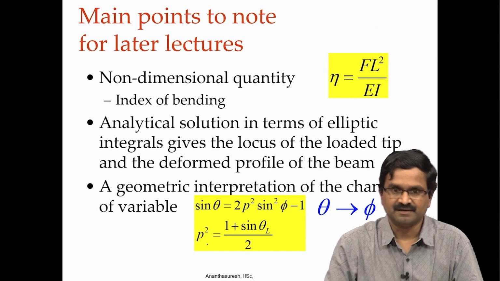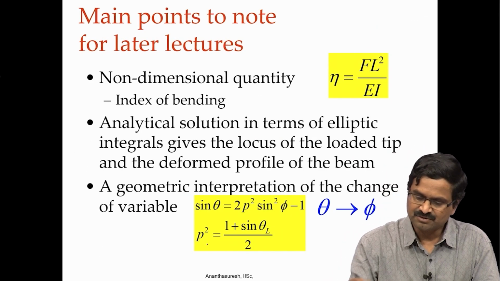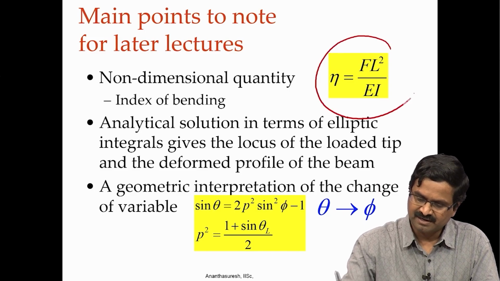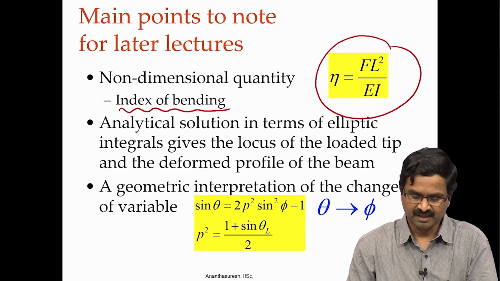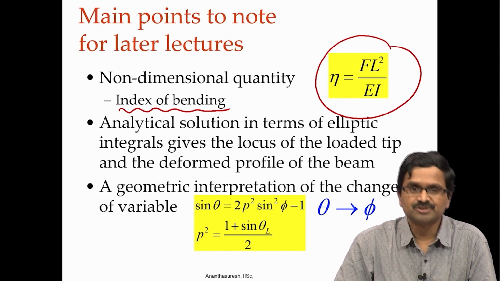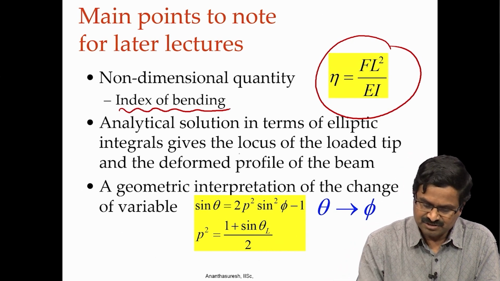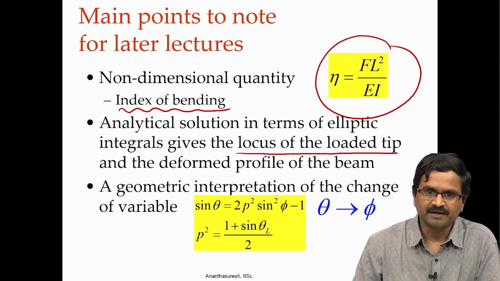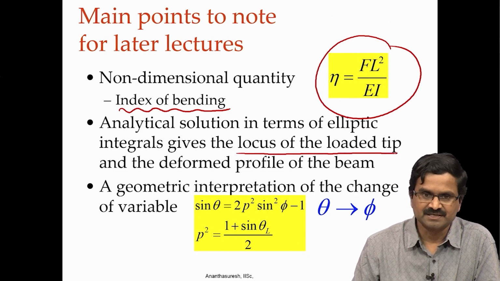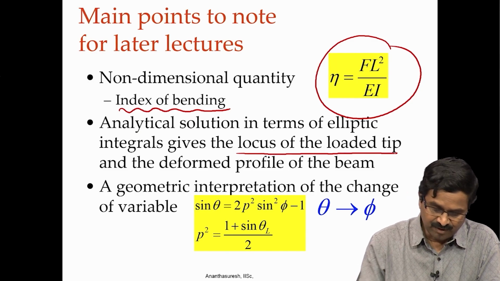And some more things that we need to note for later lectures is that this non-dimensional quantity eta has a lot of significance. We call it index of bending, and then the analytical solution that we got lets us draw this locus of the loaded tip, which has very important implication in what we will discuss in later part of this week's lecture.